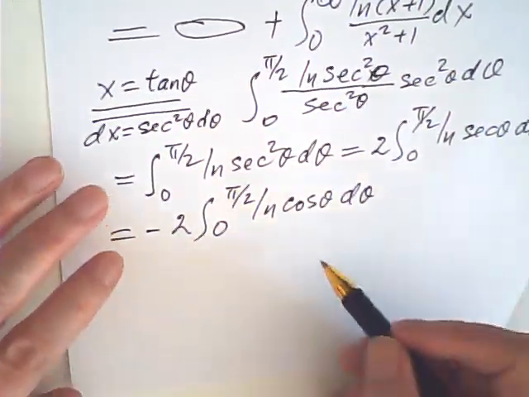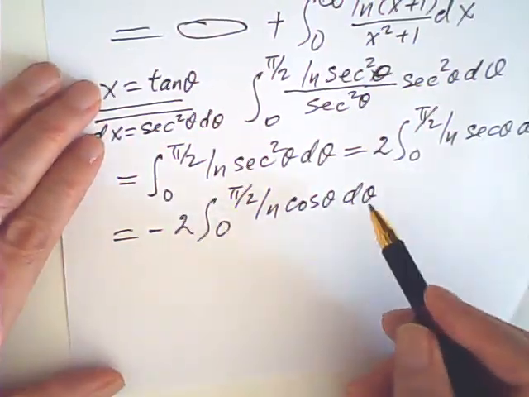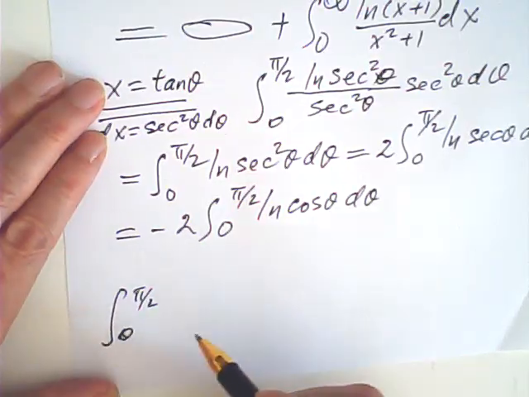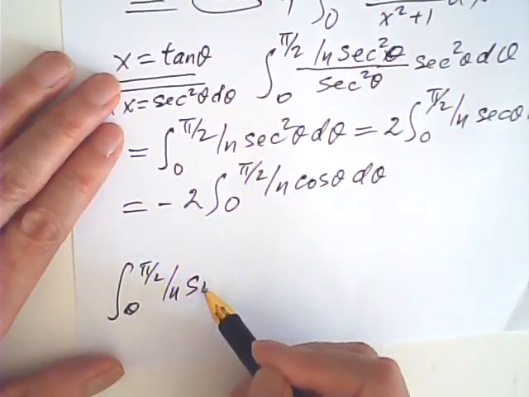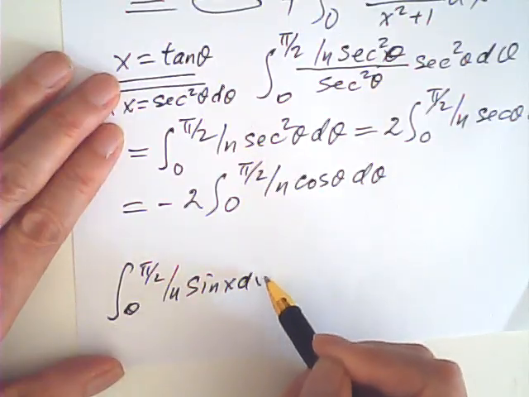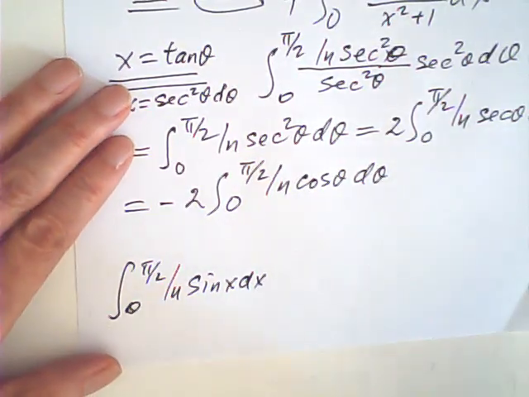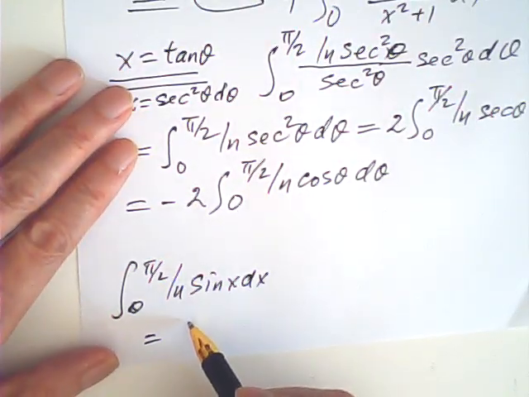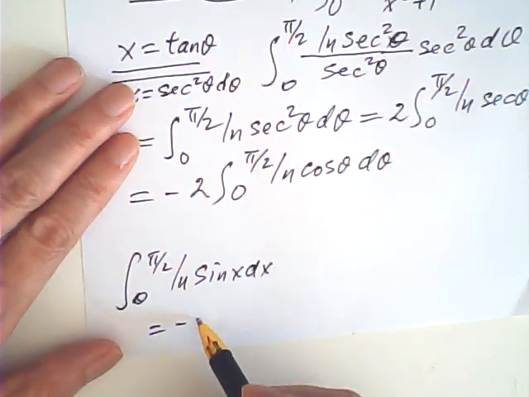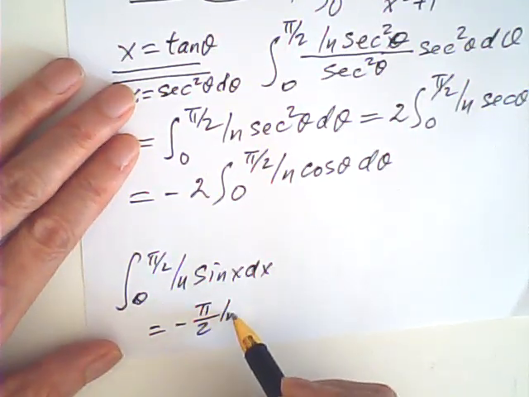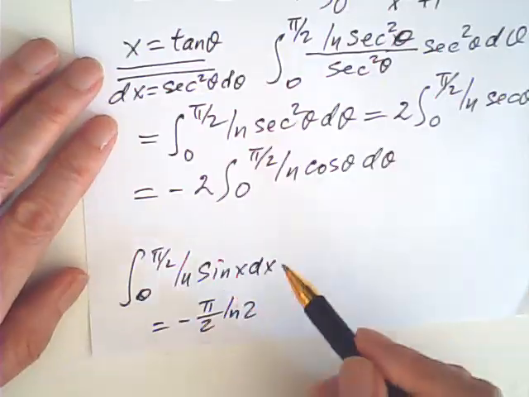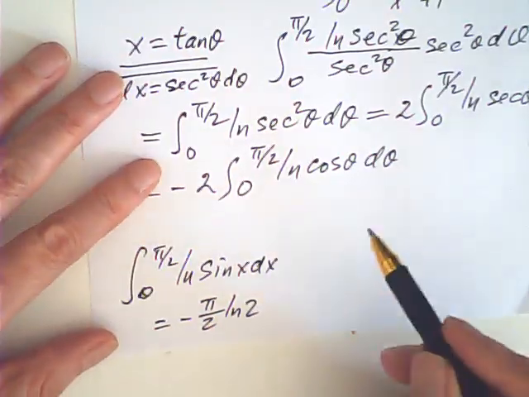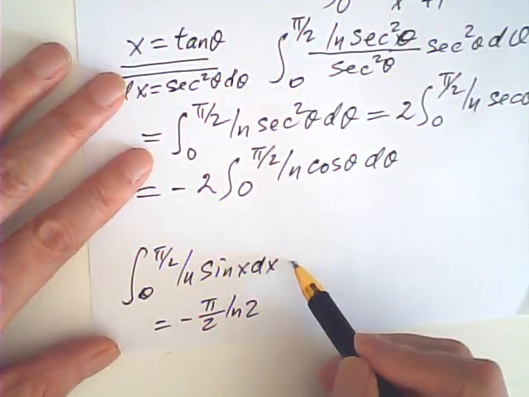Well, I have a video showing this: the integral of log sine x dx is equal to negative pi over 2 log 2. Now I have a video showing this, so the link is below. You can see it.